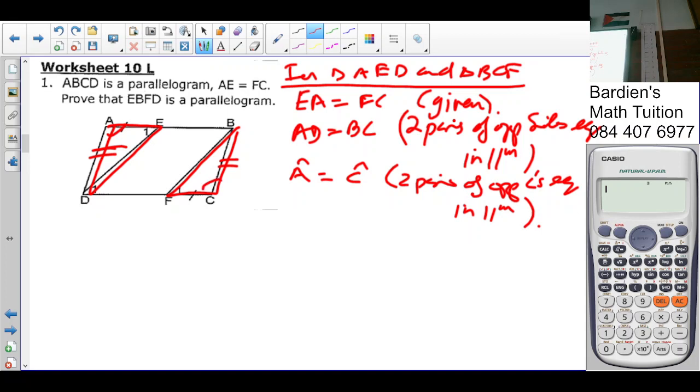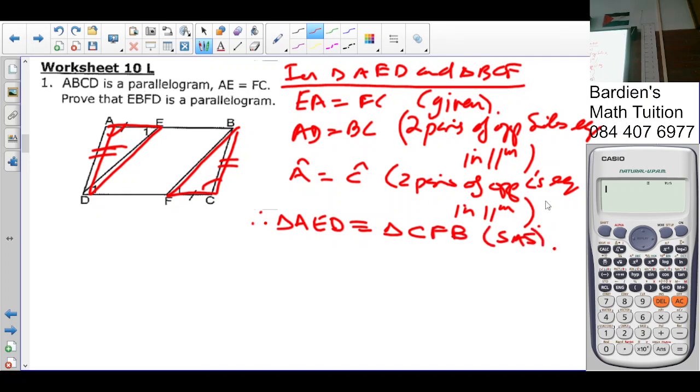So is that enough to prove congruency? Yes. Which case of congruency is that? So therefore triangle AED is congruent to triangle CFB. A is the same as C, E goes to F, so D is the same as B. We said side angle side.